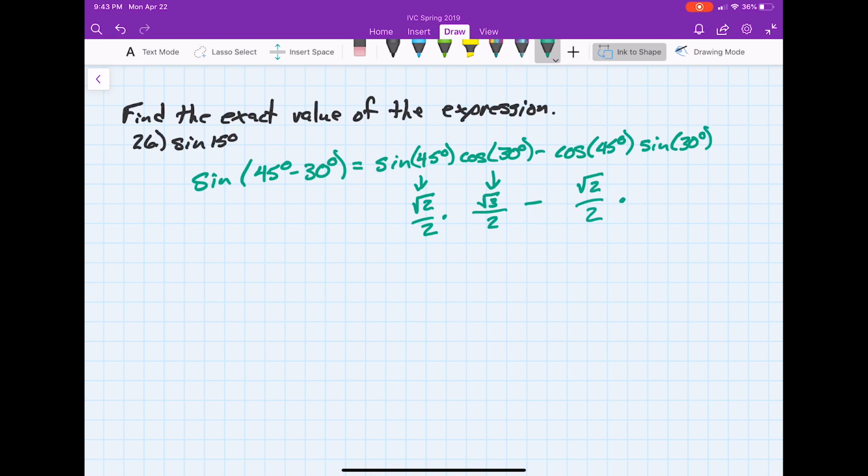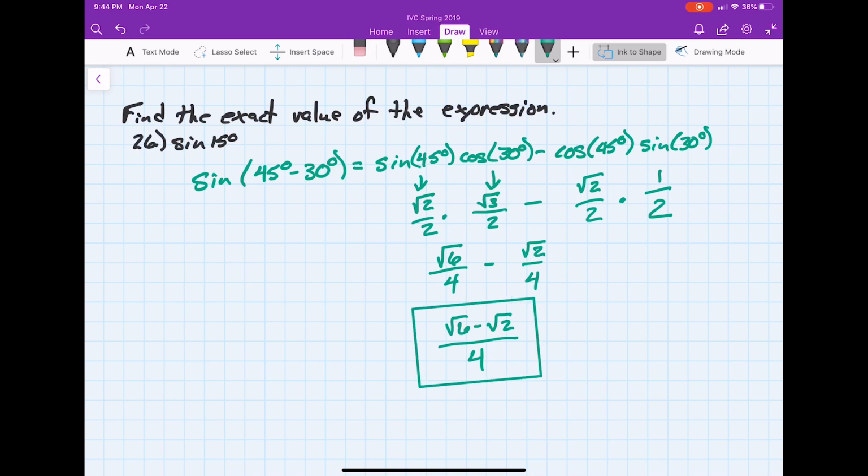And sine of 30 is going to be 1/2. So now multiply these two sections out. So square root of 2 times square root of 3 is square root of 6 over 4 minus square root of 2 over 4. So just collect this into a little bit nicer form here. And there you go. There's our answer.